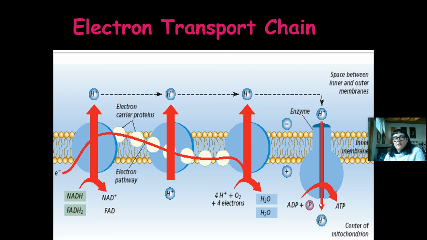So you might say, well, what's the point of the oxygen here? Well, the oxygen is going to take the hydrogens from here, as well as the low energy electrons that are released at the end of the chain, and take them away. If oxygen disappears, then hydrogens get stuck. They get clogged.